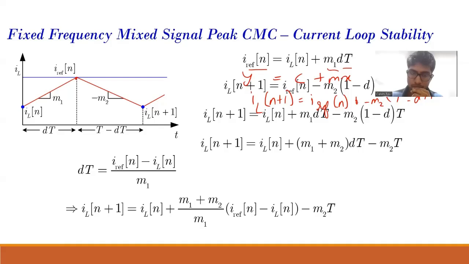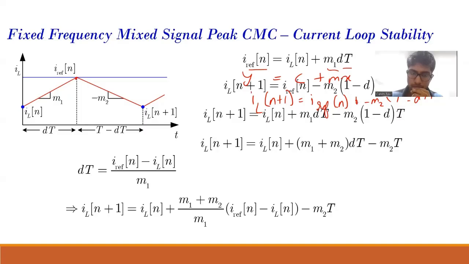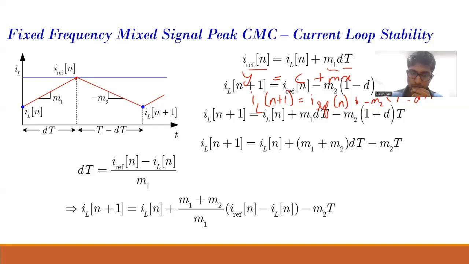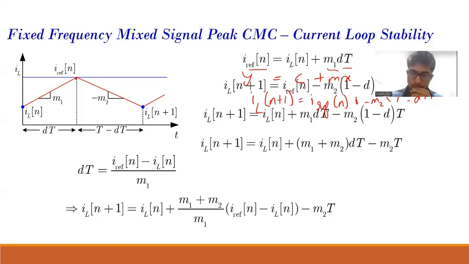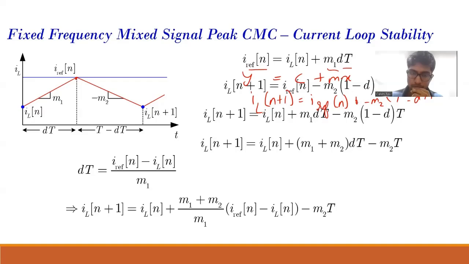In fully digital current mode control, I am taking the sample of the inductor current of the previous cycle, and using that previous cycle value I generate my ramp signal, my emulated current signal. When we incorporate the effect of the one cycle delay, write those equations and derive the transfer function, it is found that this slope MC should be greater than M1 plus M2.